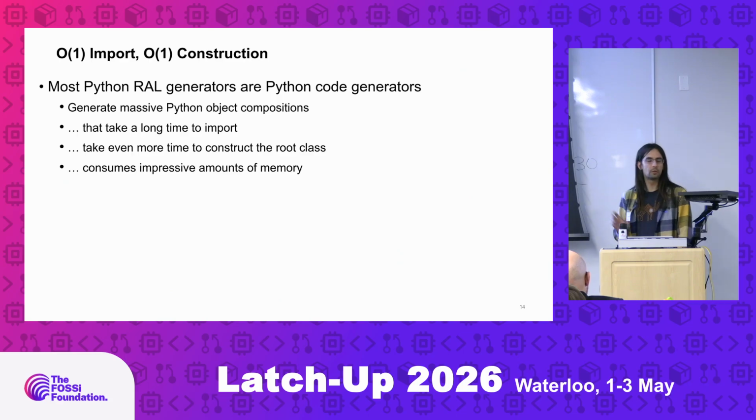For small designs, it's totally fine. But anecdotally, I worked with a design that was roughly 100,000 registers, or on that order of magnitude, and importing it and constructing the RAL was on the order of minutes of just sitting there for it to load, which is a little ridiculous, especially if you're bringing up an SoC and you just want to peek and poke 5 registers.